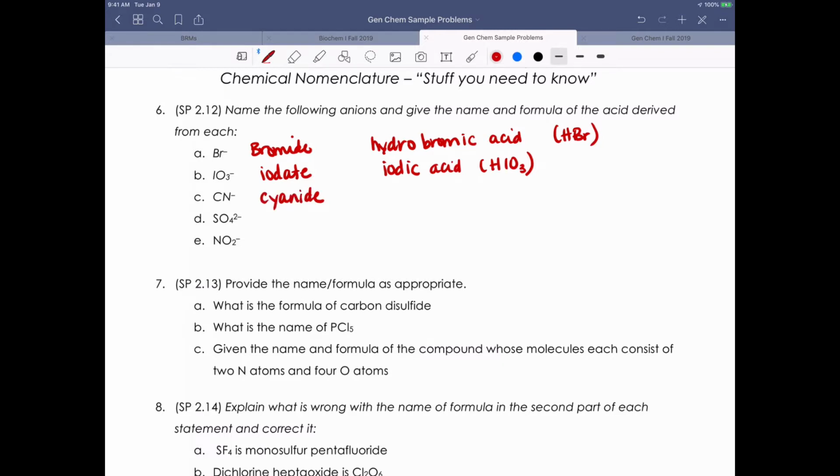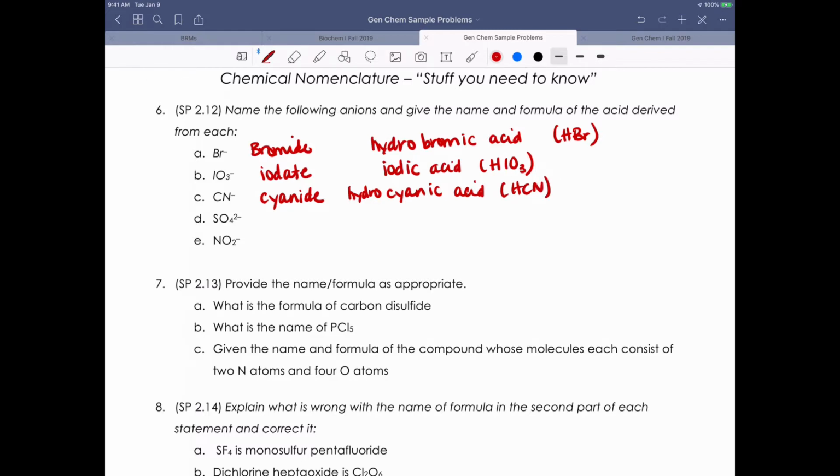And so we take the prefix, cyan, we add ic, add acid to the end, and this is another one of those weird ones where we do have hydro in front of it, and so that's HCN.